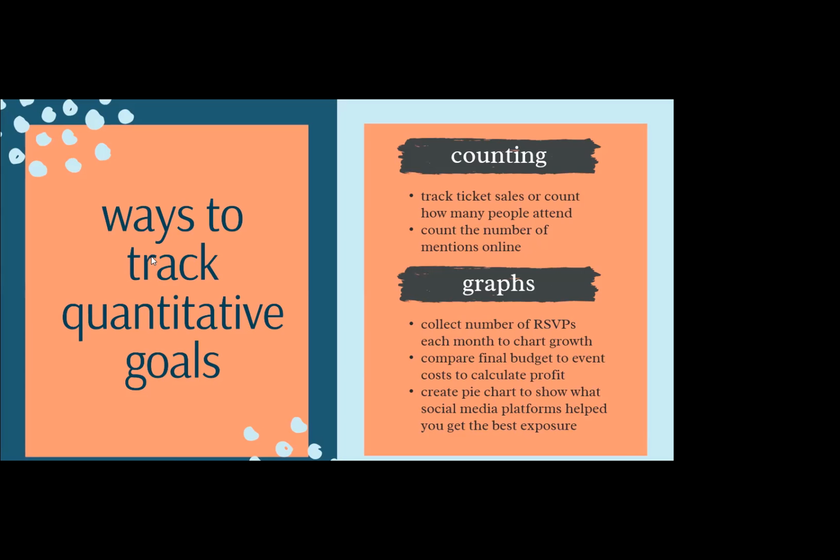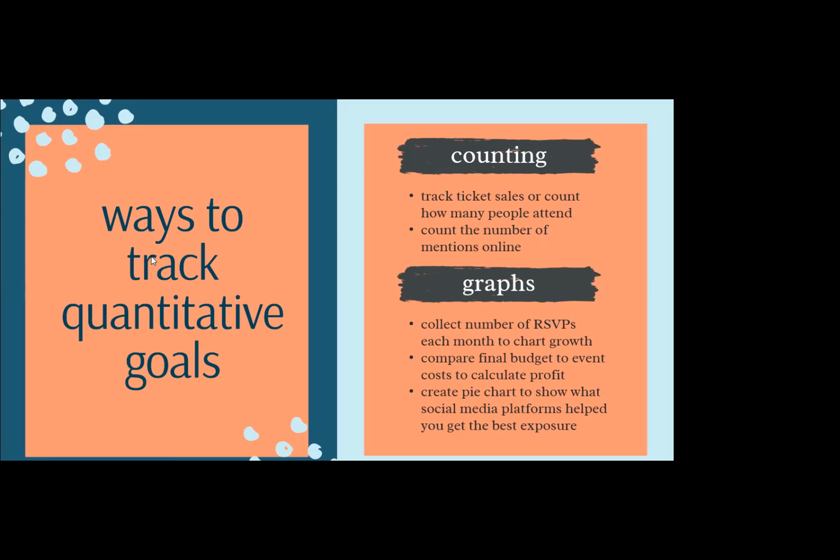And then another idea would be creating a pie chart to show what social media platforms helped you get the best exposure. All of this is to say that counting is probably going to be your first step when it comes to quantitative goals. And then the next step is turning those numbers into a story, into something that other people can understand, something you can understand.